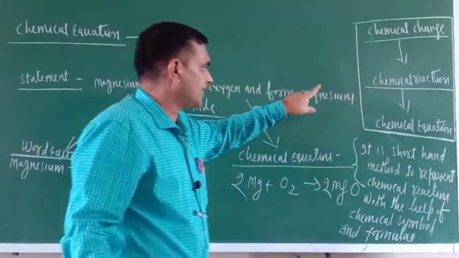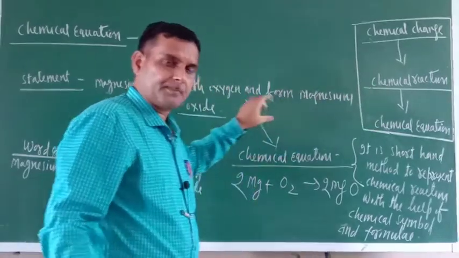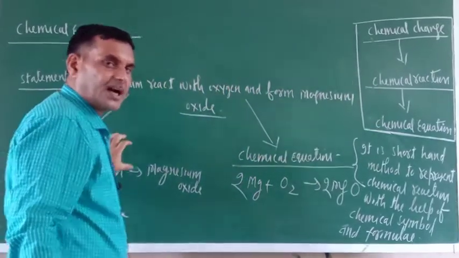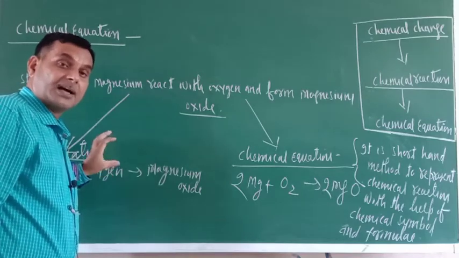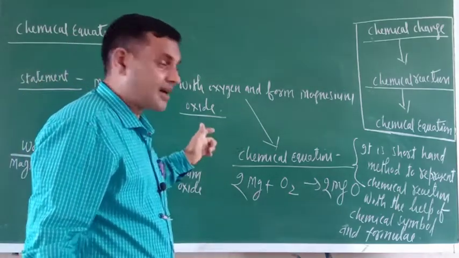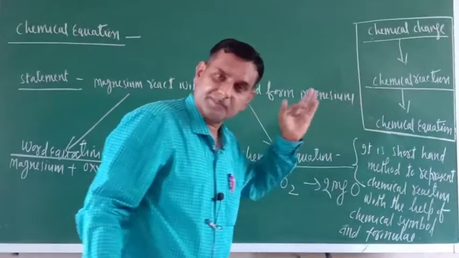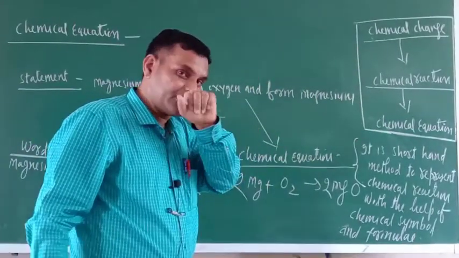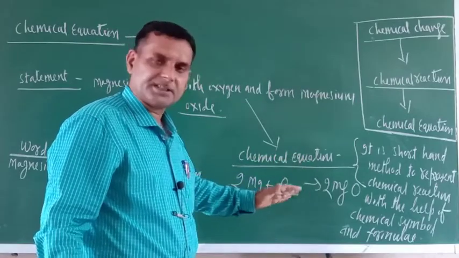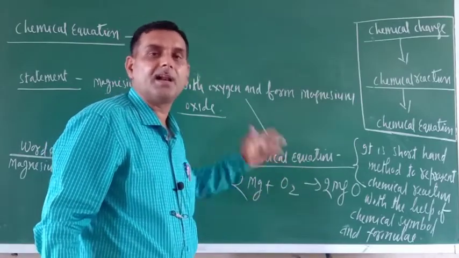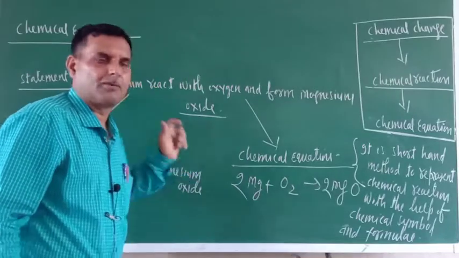A chemical reaction can be represented either by statement or by word equation, but since they are difficult to remember, that is why the chemical equation method has come into light. Have you got it or not?